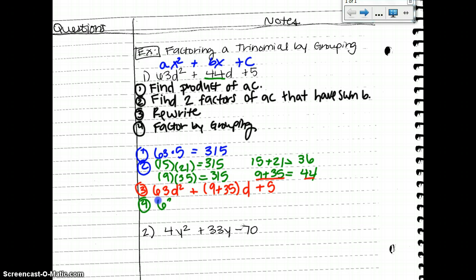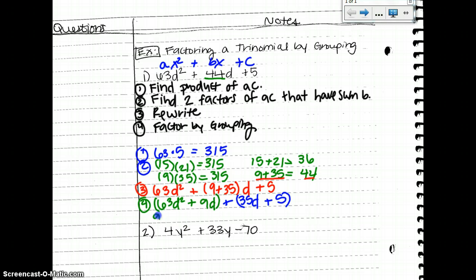Our first two terms are 63d squared plus 9d, because we could distribute this d through to both of those sections. We're going to add that to our second set, 35d plus 5. Go ahead and put those parentheses around there.